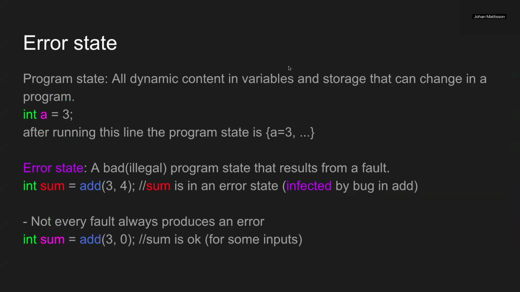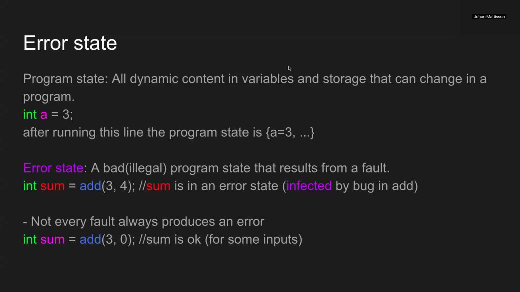But we want to get the program into an error state, right? So in order to find the bug, we need, so when we encounter the bug, we get an error state basically.